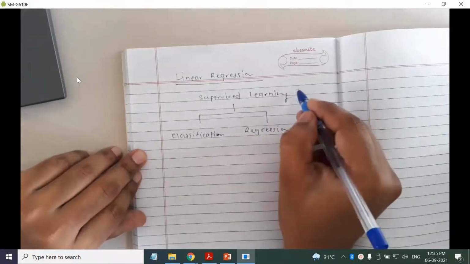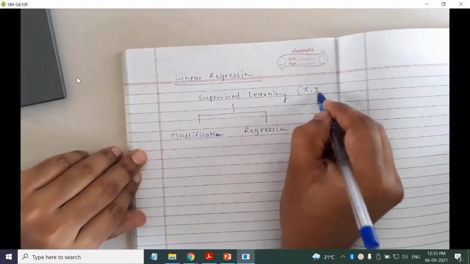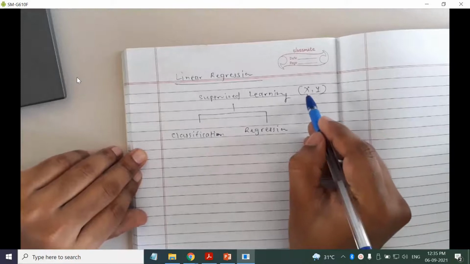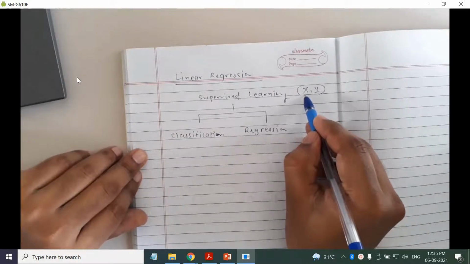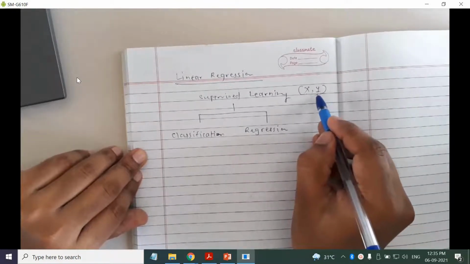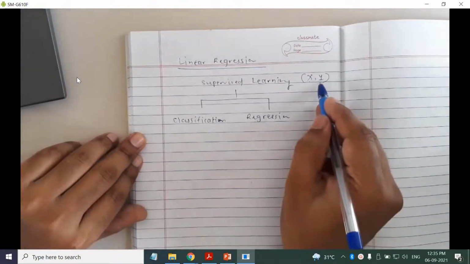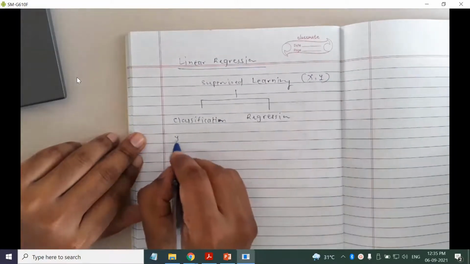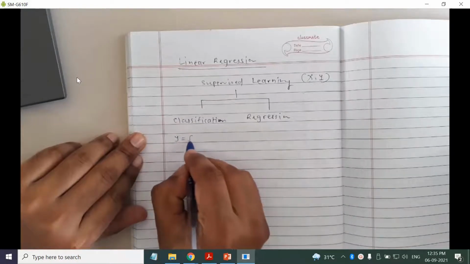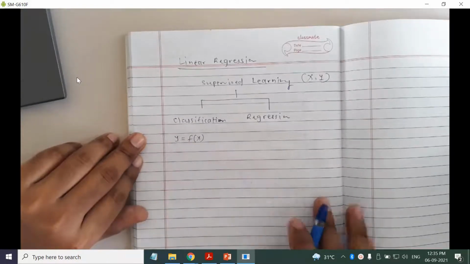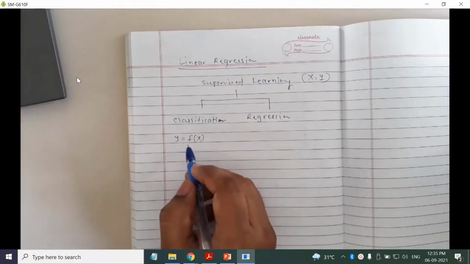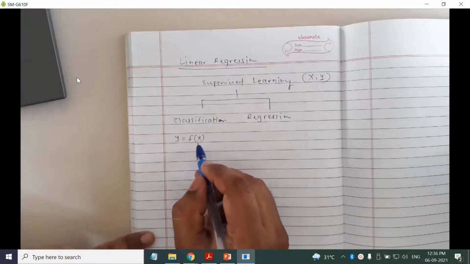So in supervised learning we have x and y pairs, right? So x are the given features, or the inputs, and y are the output or the labels. Now in classification, this y, the output, is a discrete value. Y is nothing but a function defined over the input features, y is a function of x, f of x.